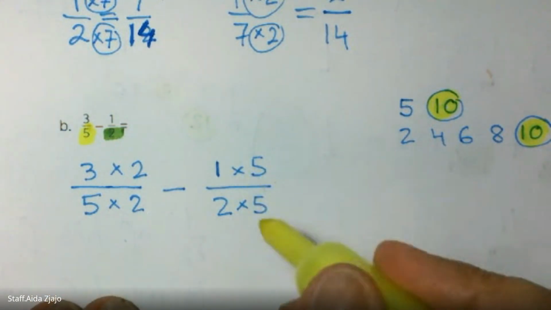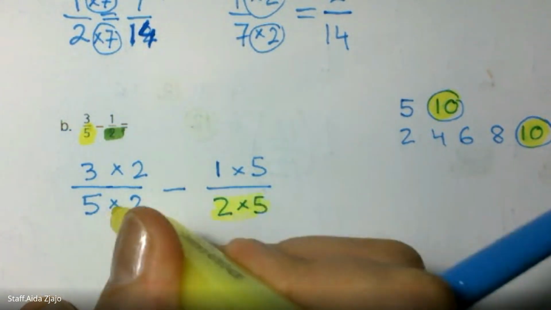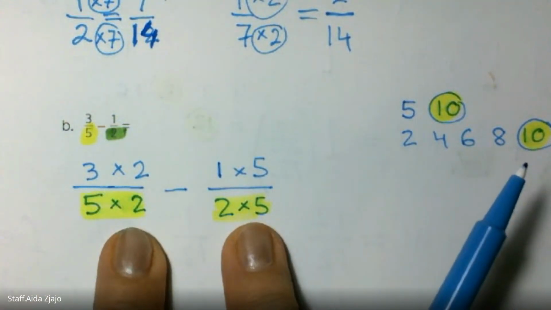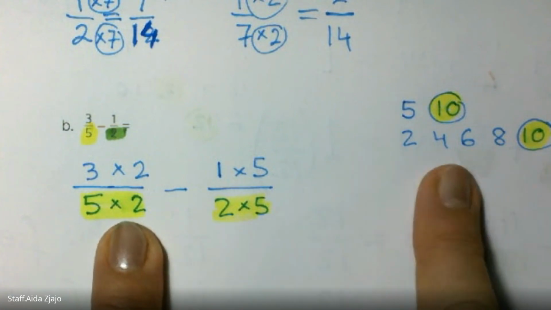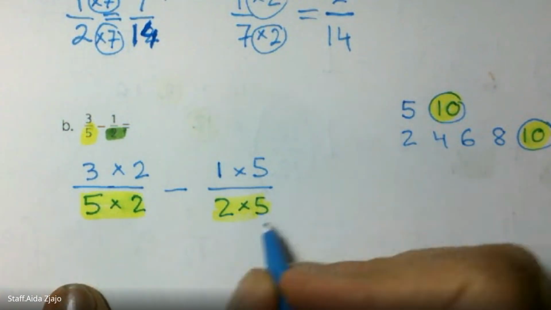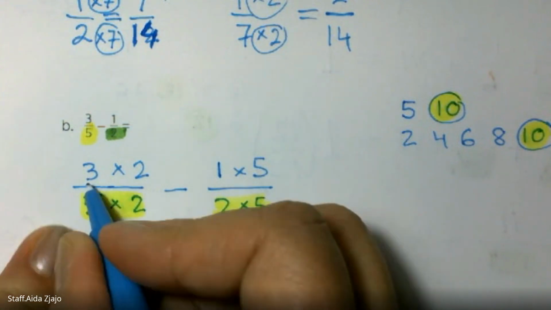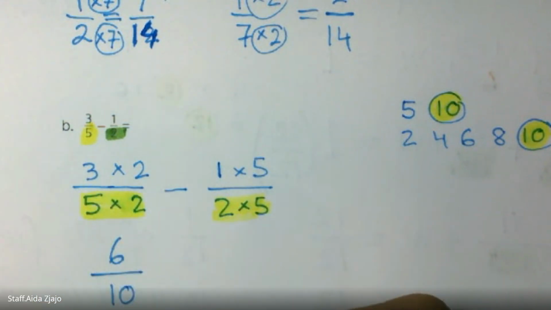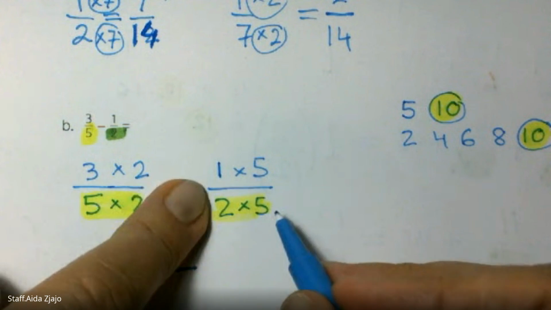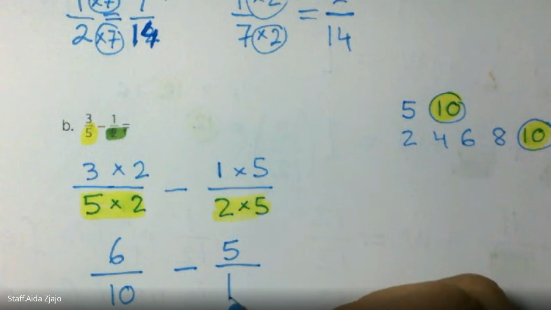To make equivalent pieces, we have to multiply the bottom by a number that will make the same denominator. This time we want tenths. So what that means is this becomes 10, and 3 times 2 is 6 tenths, which is the same as 3/5. Minus 1/2 becomes 5 tenths.